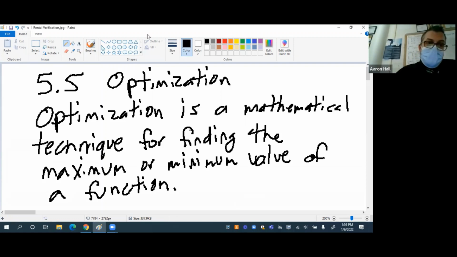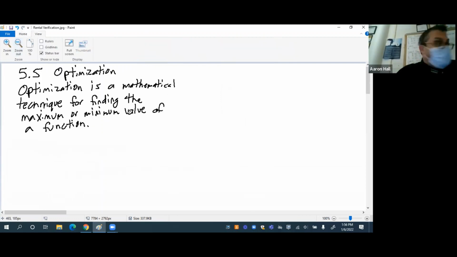Consider this. Let me zoom out so you can see, for those of you who are still copying, what optimization is.